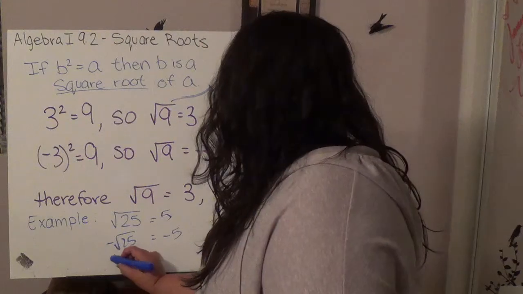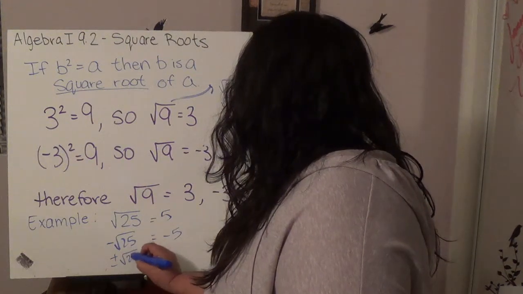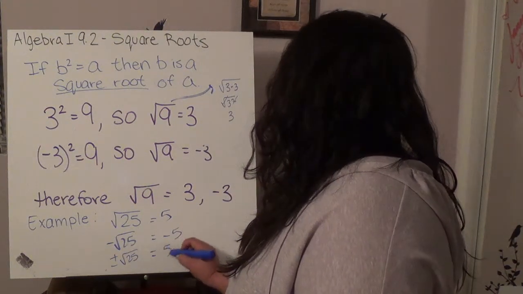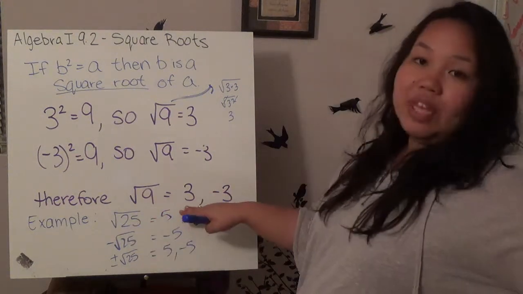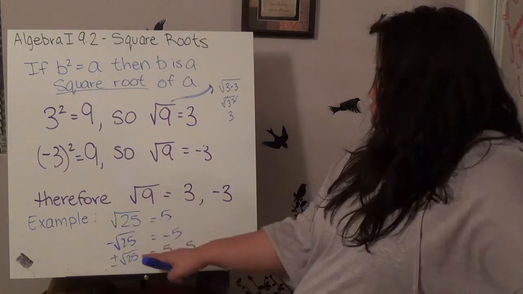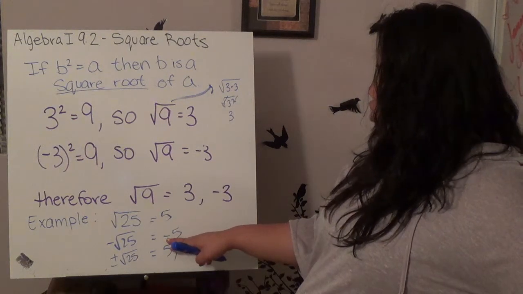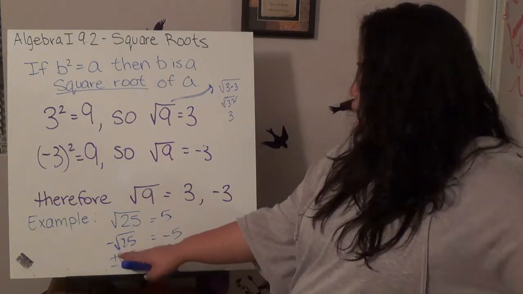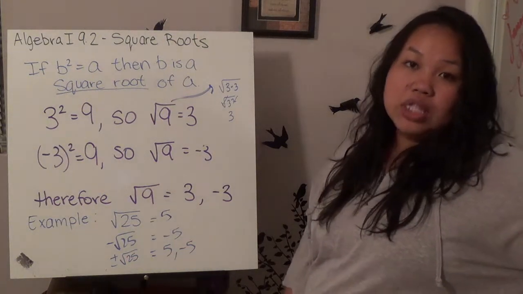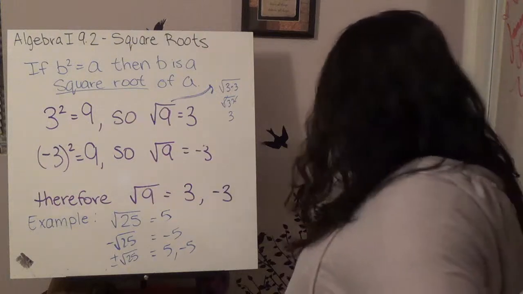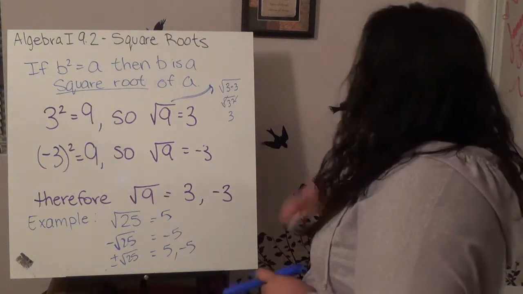If they put a plus and minus, that means they want all the answers, so it would be 5 and negative 5. See the difference? Positive, just leave it as 5. Negative, they want the negative version. If they put a plus and a negative in front of it, they want both answers. That's how we're going to write it, and that's how your book is going to read it. So let's go ahead and try.